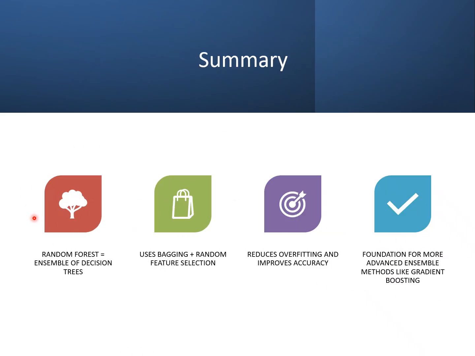So in summary, today we looked at random forest, which is an ensemble of decision trees. And then we also looked at how these models are trained, which is just picking a random subset from the training data, as well as random features. And then we are training multiple trees. Since we are training multiple trees, a combination of those trees can reduce overfitting and improve accuracy.